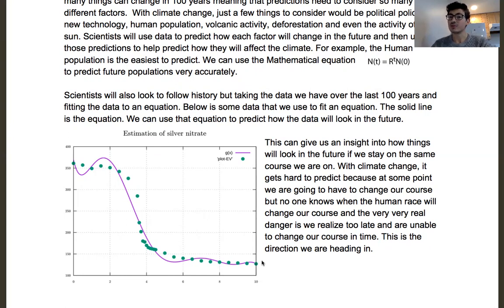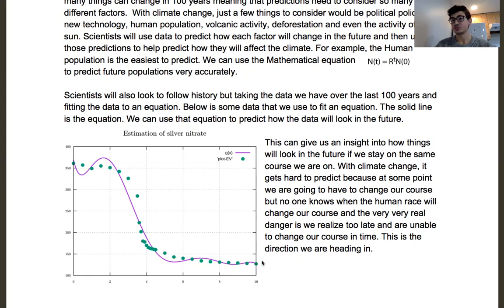We can account for them more easily than, let's say, political policies. You can't really have a mathematical equation that's going to predict political policies in 1,000 or even 1,000,000 years. It's just impossible to do. But we can have mathematical equations that predict the temperature of the sun in 1,000 years or 1,000,000 years or 1,000,000,000 years.